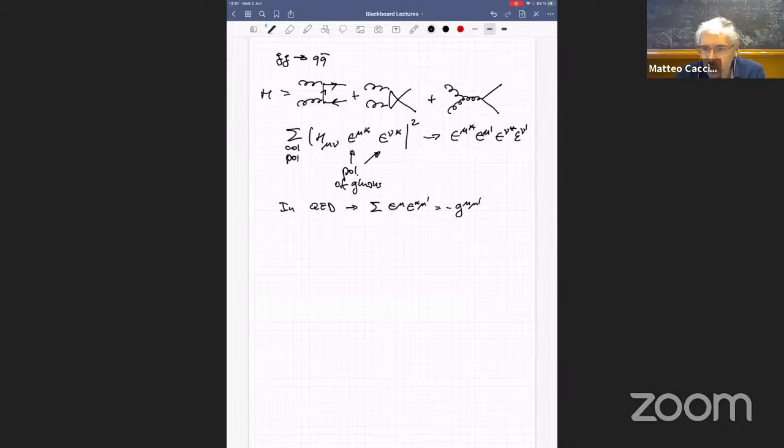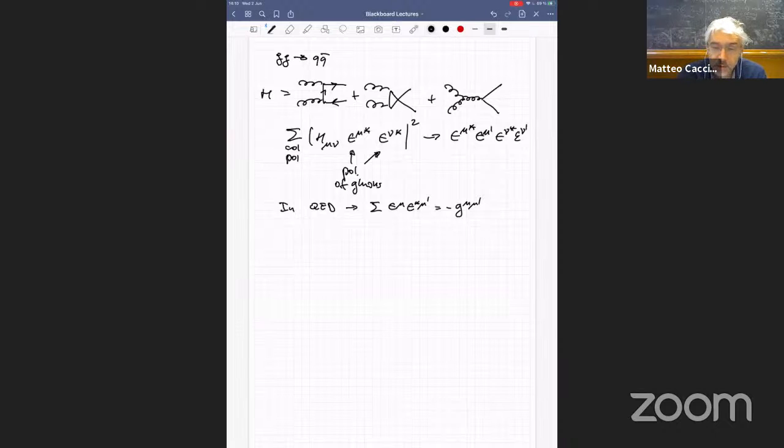And the same thing for the other polarization sum. So in QED, this would be sufficient to obtain the right result, because thanks to a particular Ward identity of QED, the non-physical polarization states of the photon cancel, even if here you are summing also over the non-physical ones.